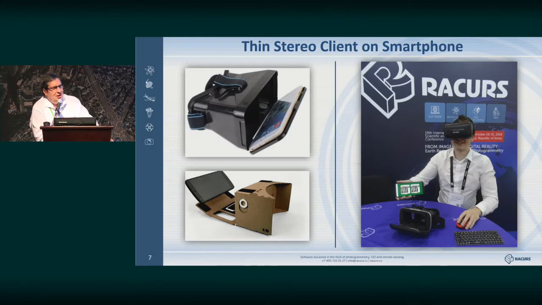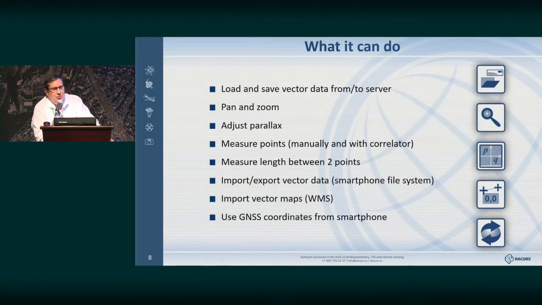The two viewers with simple optics and the smartphone with the screen divided in two. We showed how it works in Stuttgart, and this is the picture from InterGeo with the guy holding the smartphone with two images, left and right. When you insert it into this viewing device, you see everything in stereo.